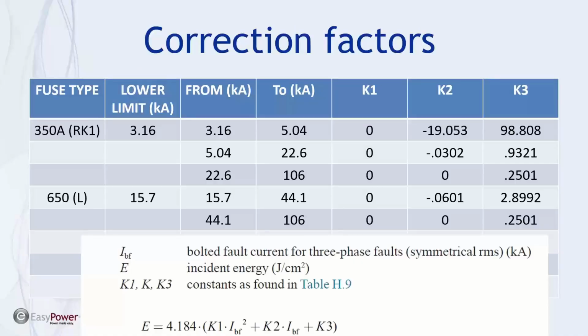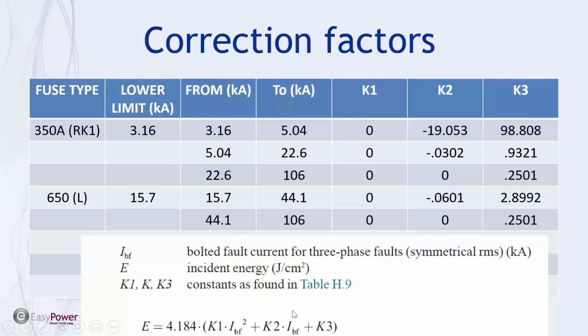So if I just pick out a couple of these fuses, for instance, a 350 amp RK1 with a lower limit between 3.16 and 5,000 amps, these are the correction factors that are applied. And this again is the equation down at the bottom.